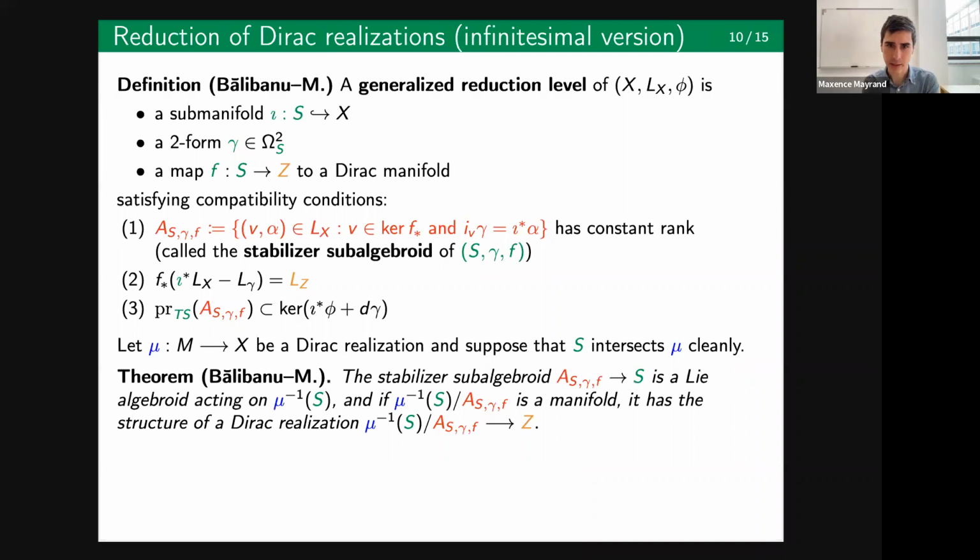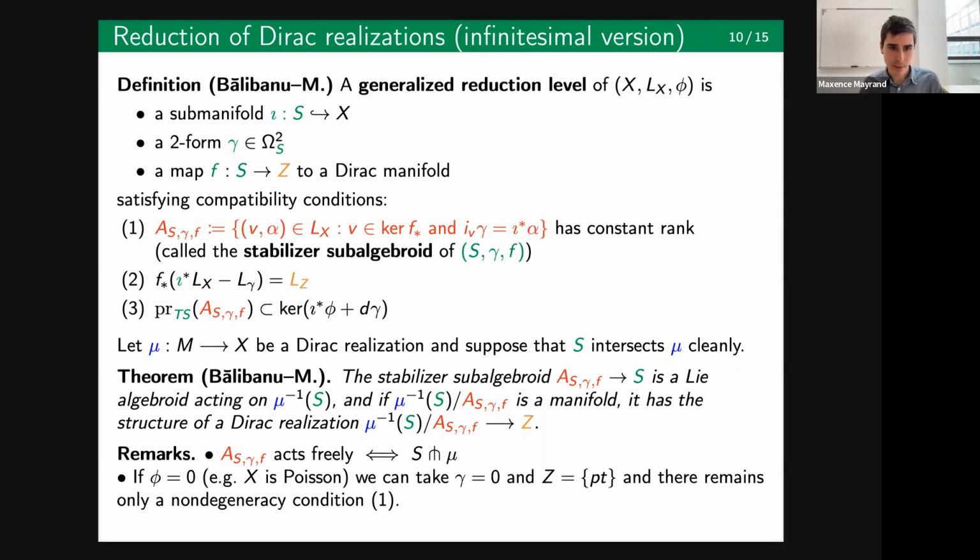Then the main theorem is that this stabilizer subalgebroid is actually a Lie algebroid, and it acts on this preimage of S, such that the quotient, if it's a manifold, has the structure of a Dirac realization to Z. Also, the nice fact is that the condition that this algebroid acts freely is the same as the condition that S intersects mu transversely, which is a generalization of the familiar fact for standard moment maps that 0 is a regular value of a moment map if and only if the action is locally free on the level set.